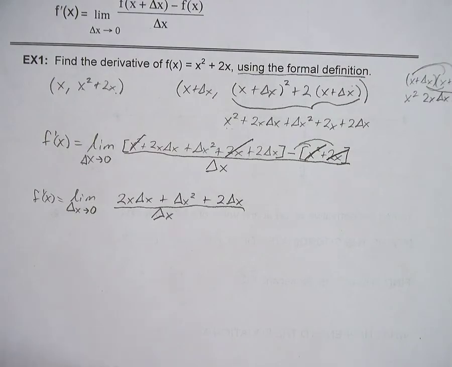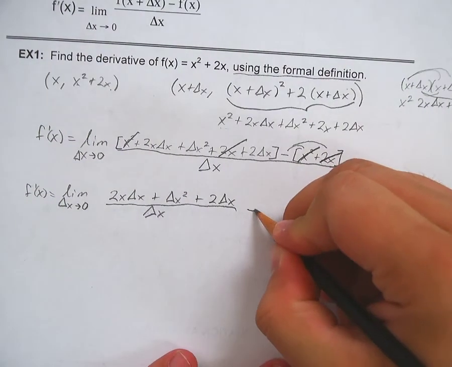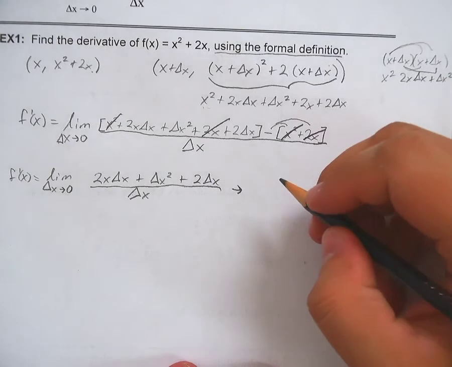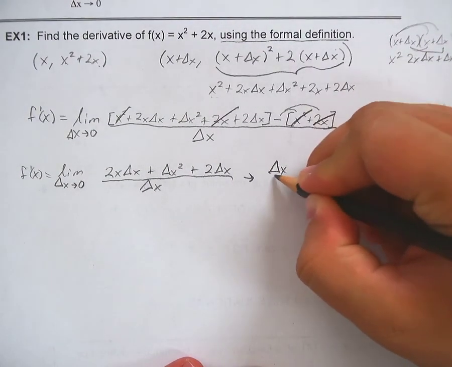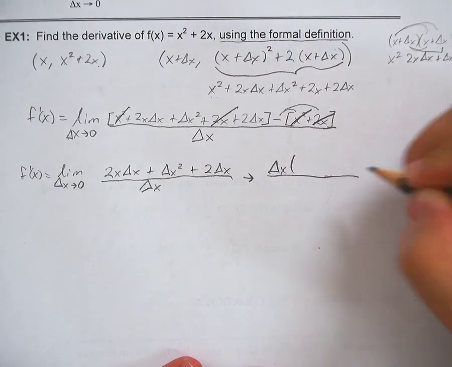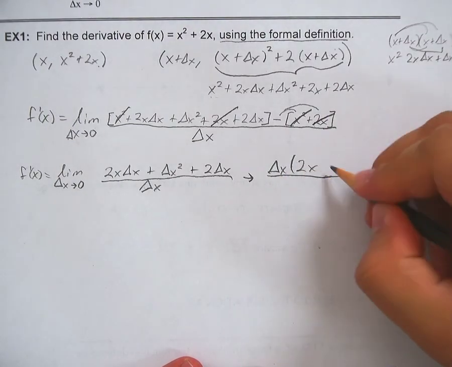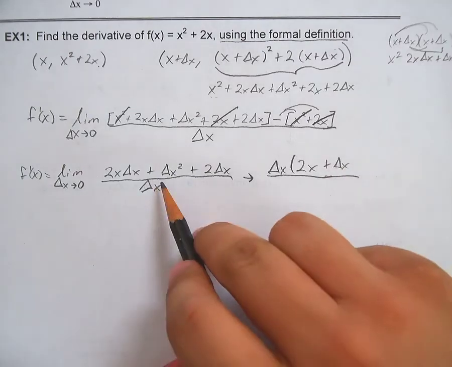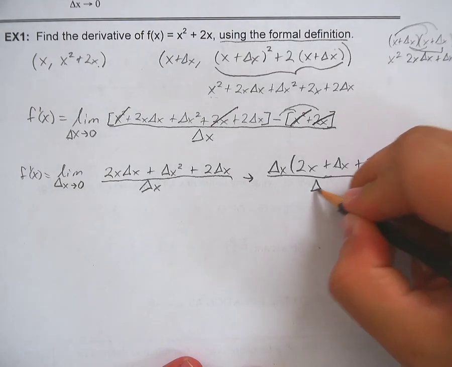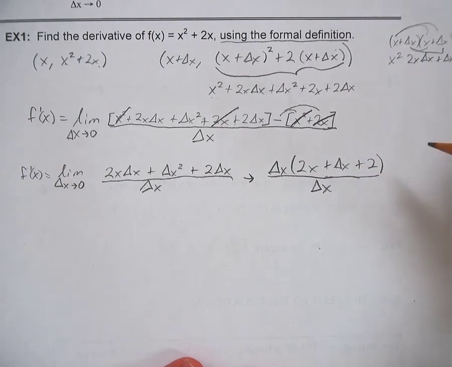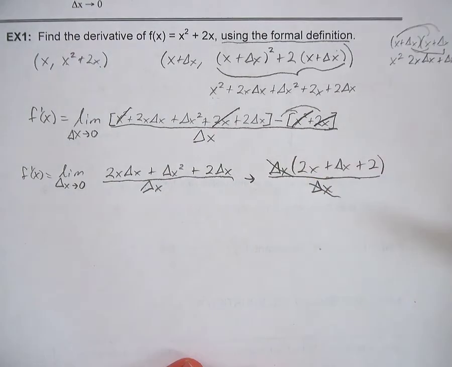Now here's what's cool about this. Notice, what do they all have in common? They've all got a delta x in common. So think about this: if I pull out delta x, what's that going to leave me with? That'll be 2x plus delta x, because it was delta x squared, plus 2, divided by delta x, and what do you know?